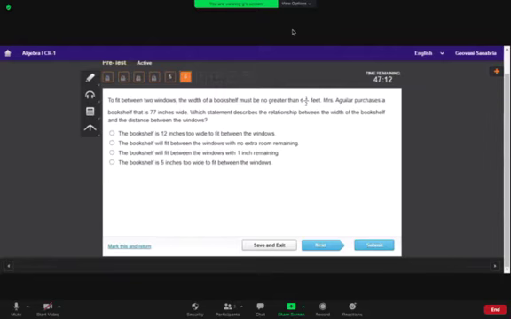The bookshelf is 12 inches too wide to fit. Isn't it B? The bookshelf will fit. The bookshelf that is 27 inches wide.